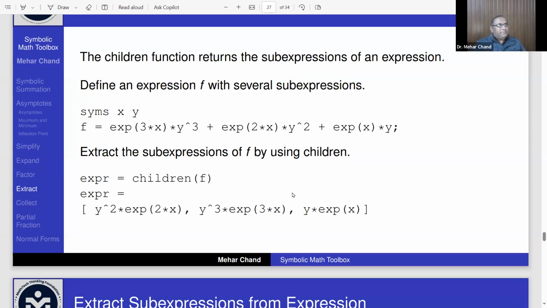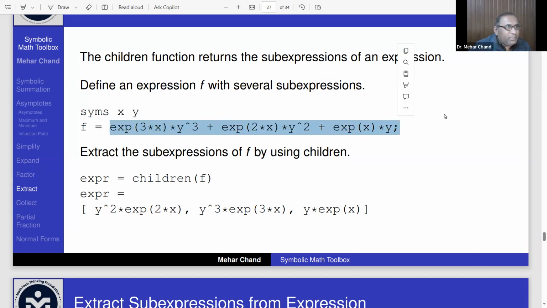Here, the children function returns the sub expressions of the expression. So here you can see we have the f function, and this function contains exponential 3x, y cube, exponential 2x, y square, exponential x, y.